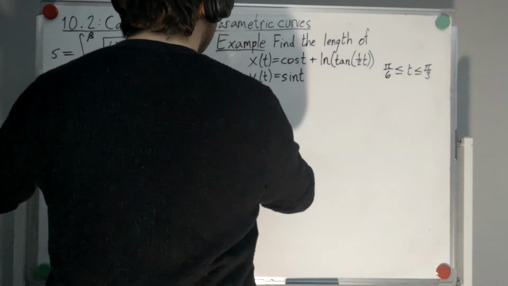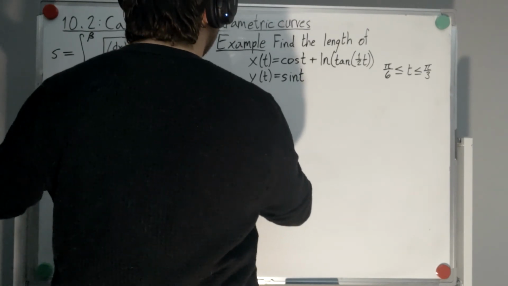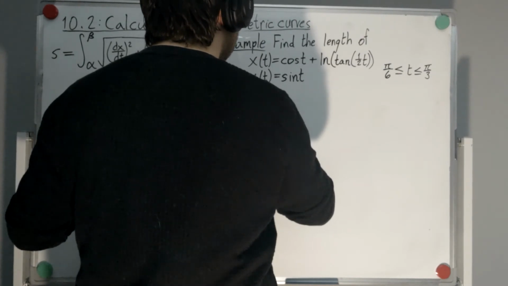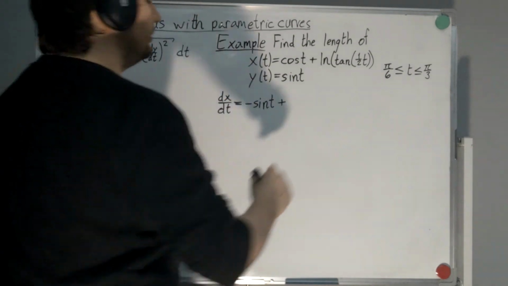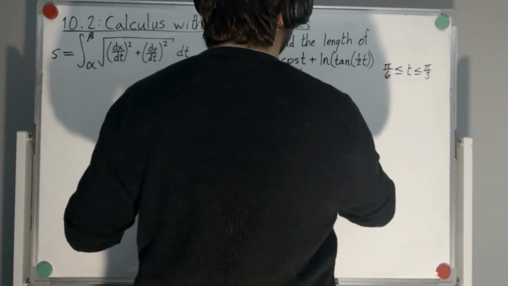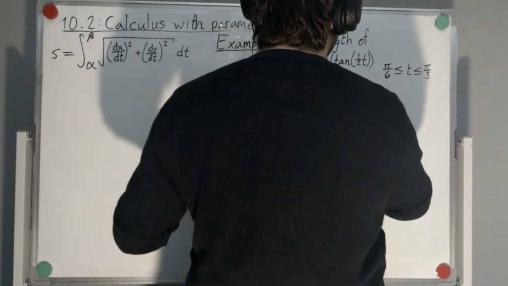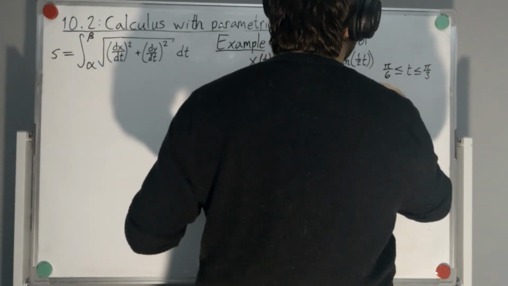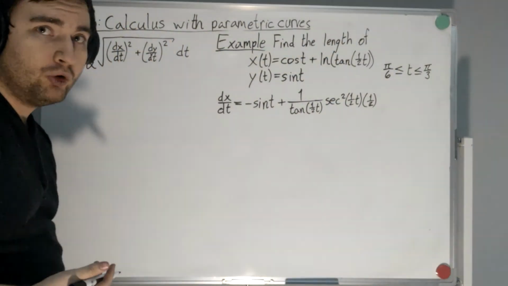So dx/dt, okay, derivative of this thing with respect to t, I guess that would be negative sine t plus, okay, that's a chain rule, so 1 over tangent of 1/2 t times secant squared of 1/2 t times 1/2. Two applications of the chain rule.